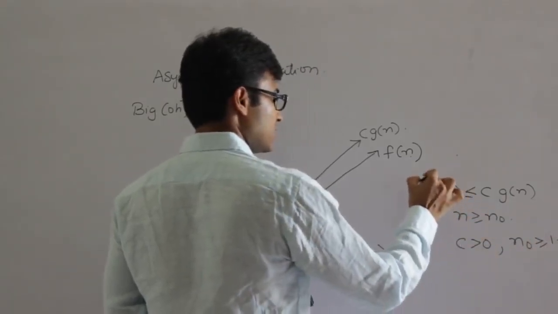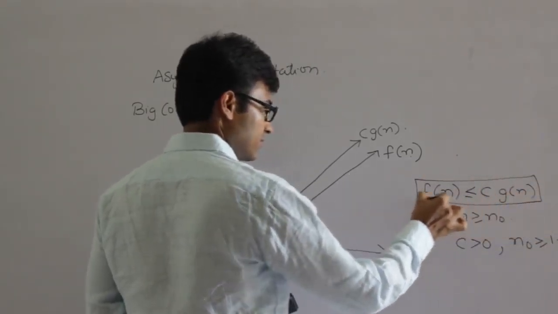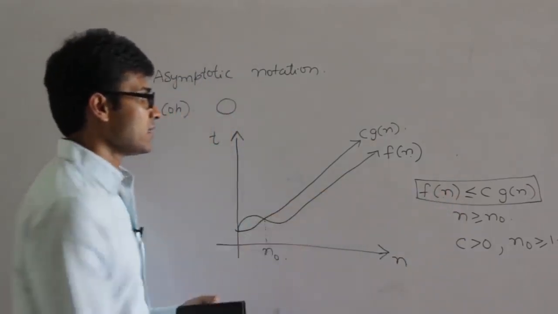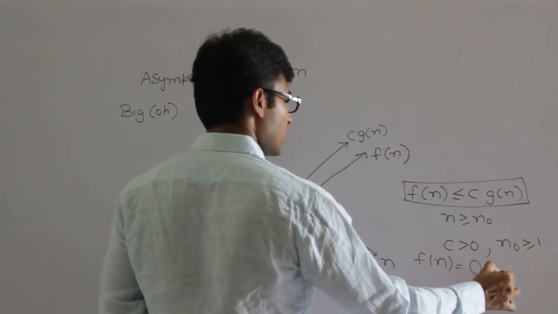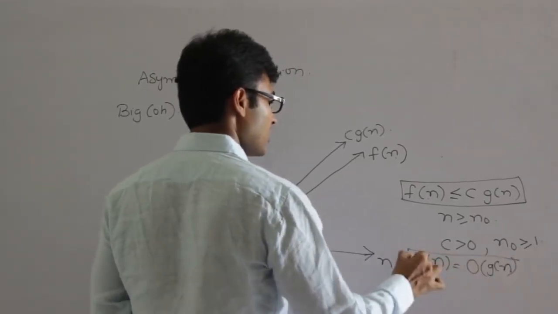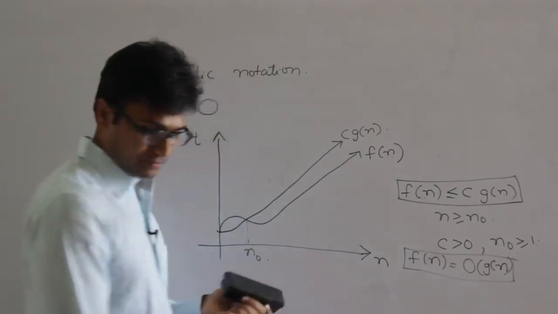If this condition is satisfied, then we can say that f of n is big O of g of n, which is nothing but f of n is smaller than g of n. That is what we could say.